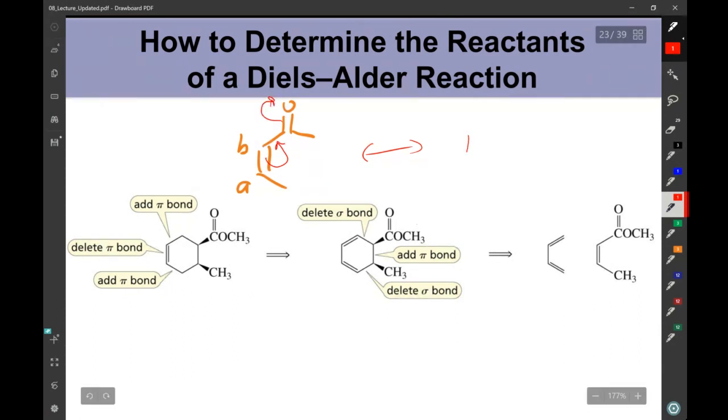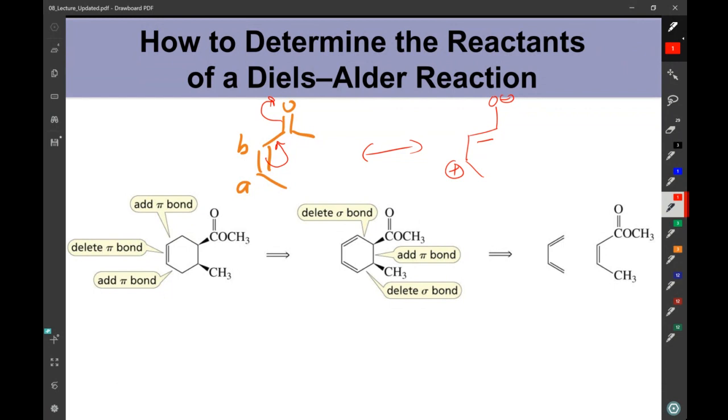You will now have this as a resonance structure, with a negative charge over there and a positive charge here. So the carbon atom that ends up being positive in the resonance structure is the one that I always make A.